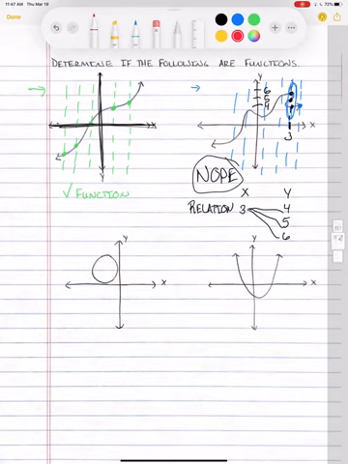Let's go ahead and look at this third one down here. Again, I have my x and y axis. And I'm going to draw my vertical lines. All right, so as you can see, this vertical line crosses in 2 points.